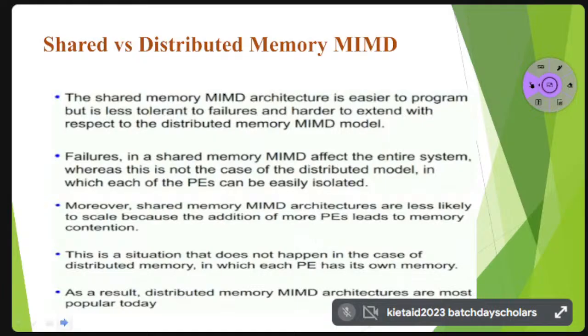Moreover, shared memory MIMD architecture is less likely to be scalable because the addition of more processors leads to more contention, right? Here the number of processors is increased in the shared memory.